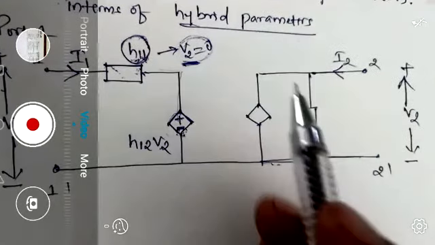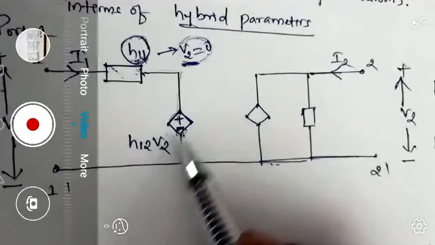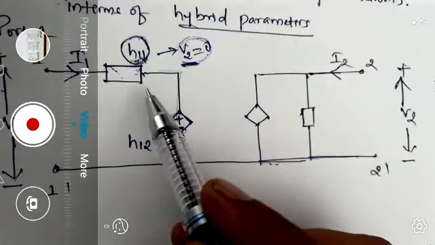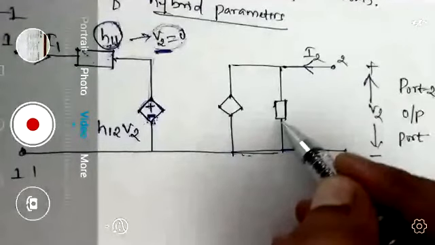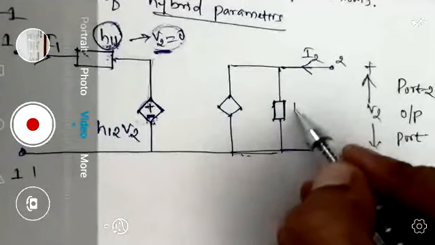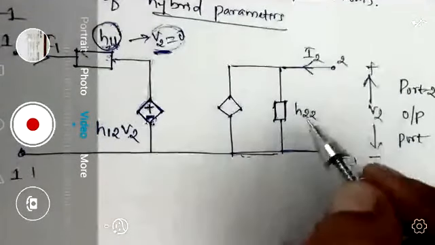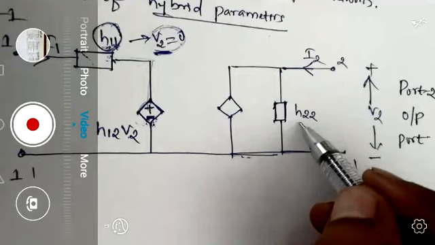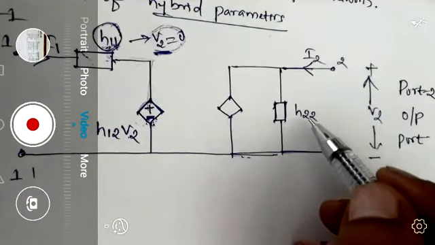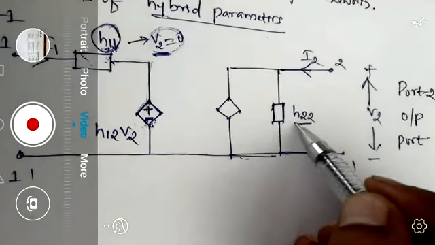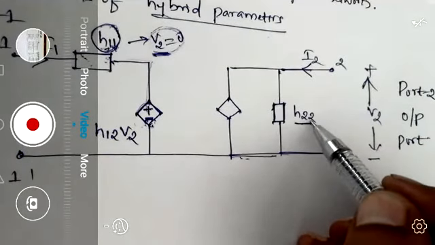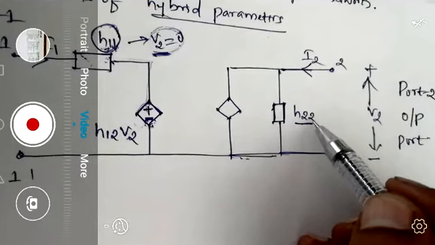Clear? How we sketch this part? Is it clear? Let us move on to the output port side. This parameter is H22. The parameter H22 is the open circuit output admittance. Is it correct?